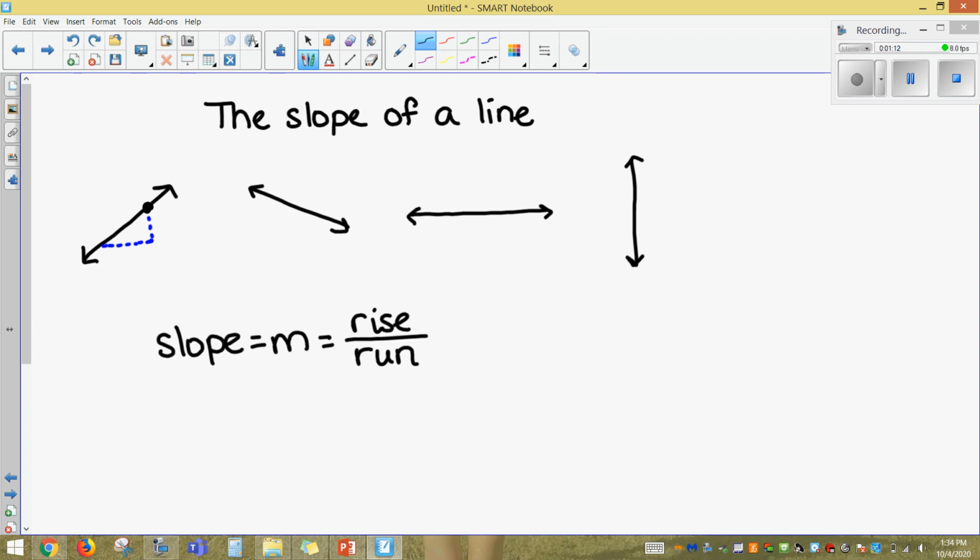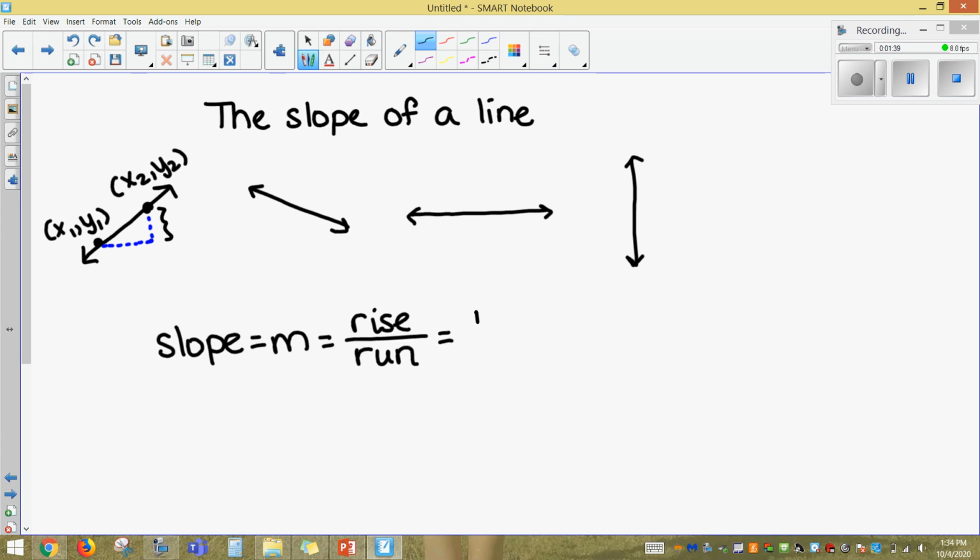Now, if I'm walking between 2 points on my line, and those 2 points are just generic points, x1, y1, and x2, y2, we call them. Then if I want to find this vertical distance here, up and down, the up and down change has to do with the y coordinate. X's run left and right, and y's run up and down.